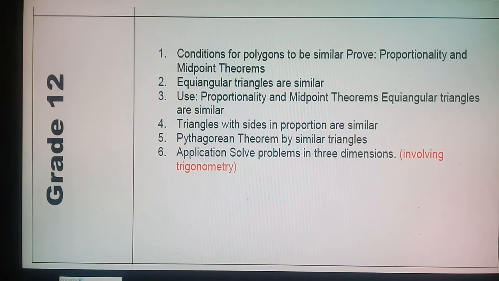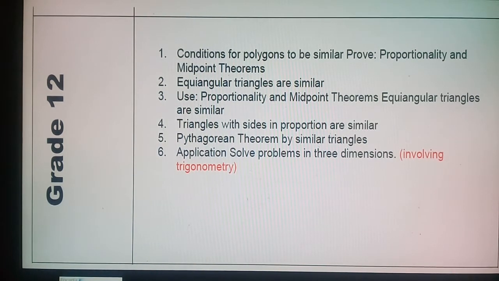Let us move on. In grade 12 now, specifically, what we need to know in grade 12 Euclidean geometry. Number 1, we have to know conditions for polygons to be similar, proof, proportionality, and midpoint theorem. If I say polygons are similar, we have to know what we are looking at.